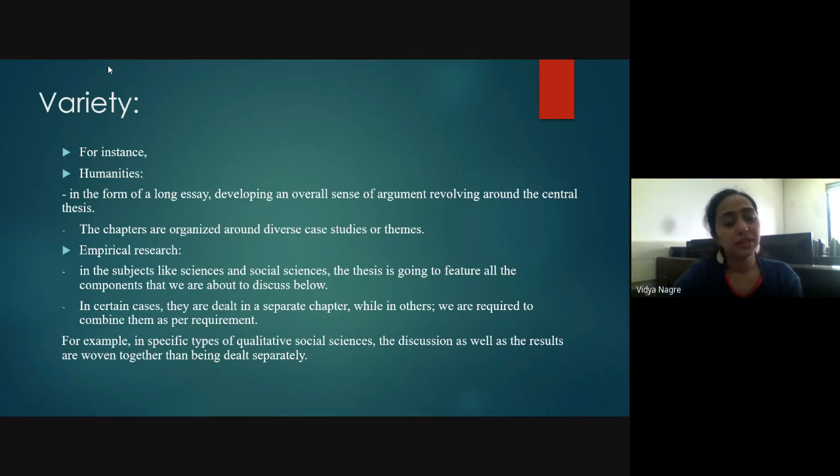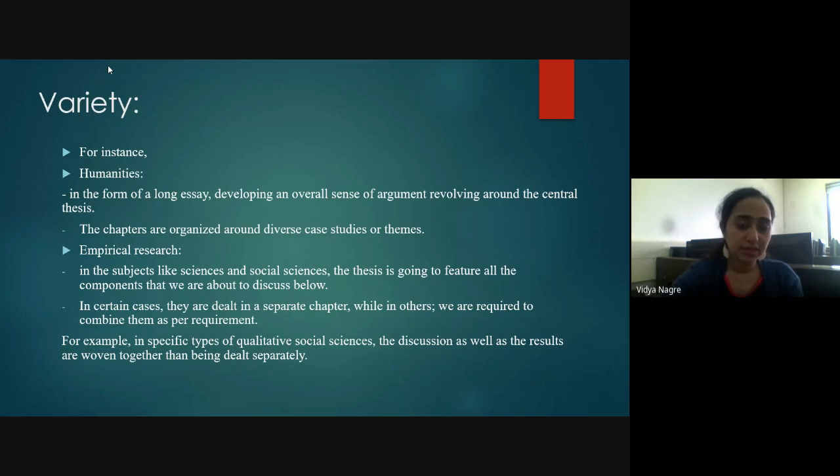In certain cases, there are components like an introductory chapter, then your problem statement, if you are investigating a certain problem, or you may have a tentative hypothesis, then the results of the study and discussion on those results, and your conclusion based on the discussions of your results. So these come under sciences and social sciences, especially under the experimental studies.